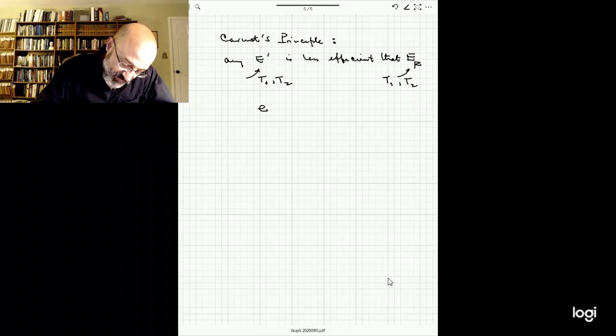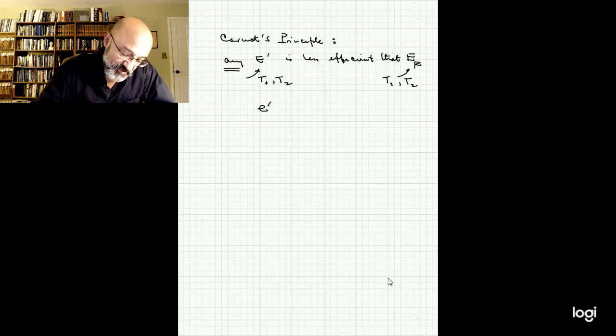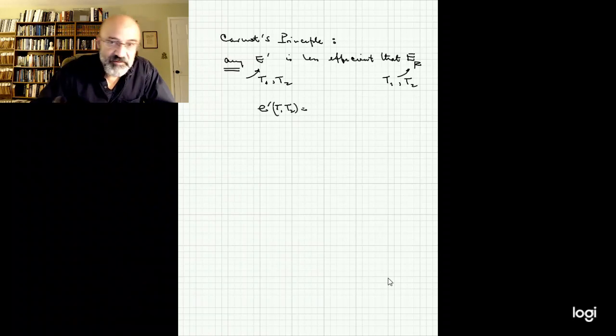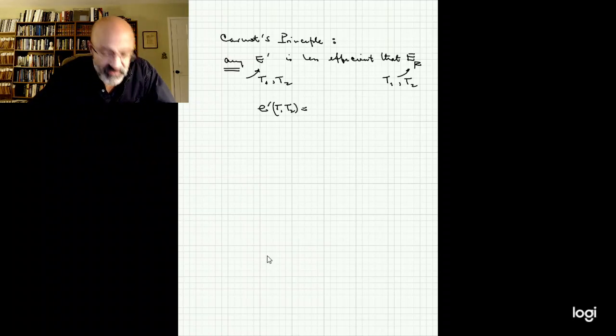The efficiency of the arbitrary engine is going to be given by, and here the two temperatures. By the way, it's not a good idea. Okay, no, I did something wrong here. What did I do wrong when I even wrote that expression?